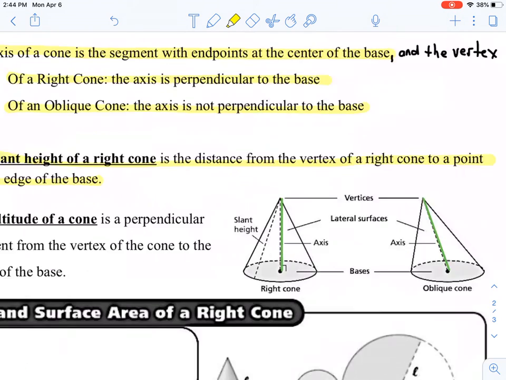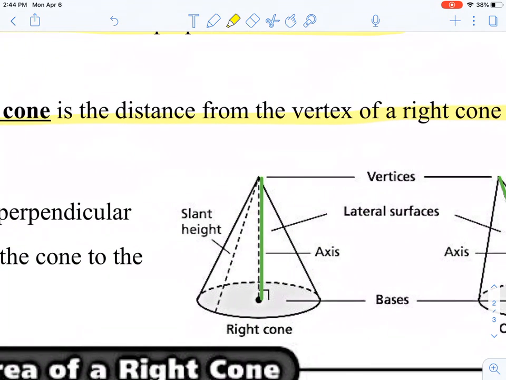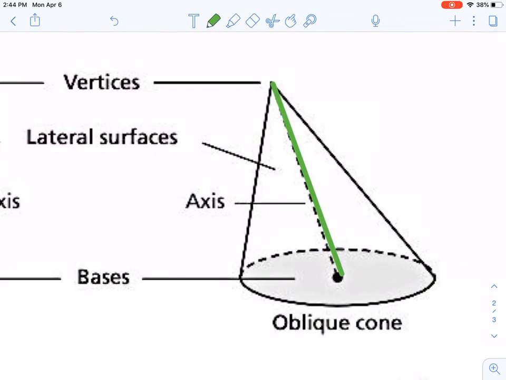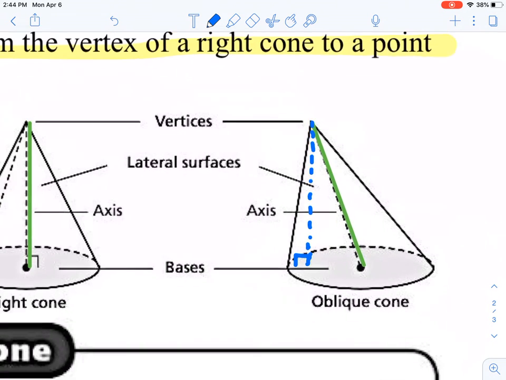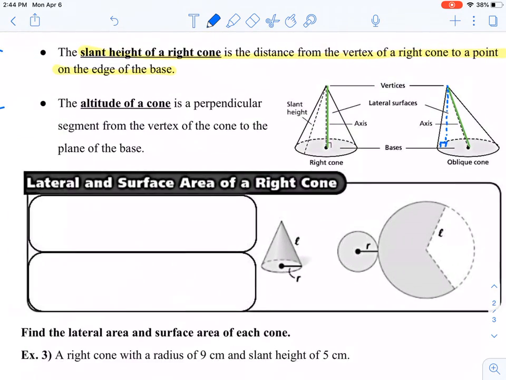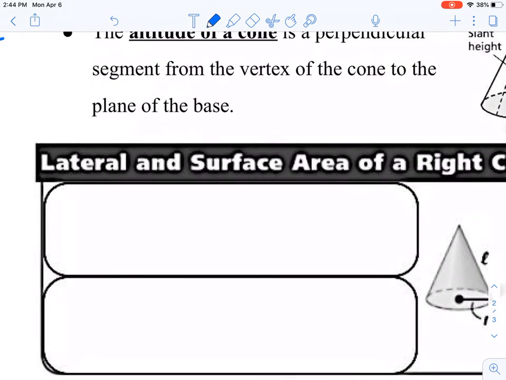So in the case of a right cone, your axis is going to be your altitude. In the case of an oblique cone, that will not be the case. In this case, we would have an altitude that looks something like this, as long as it intersects the plane of the base in a right angle. That'll be the altitude.